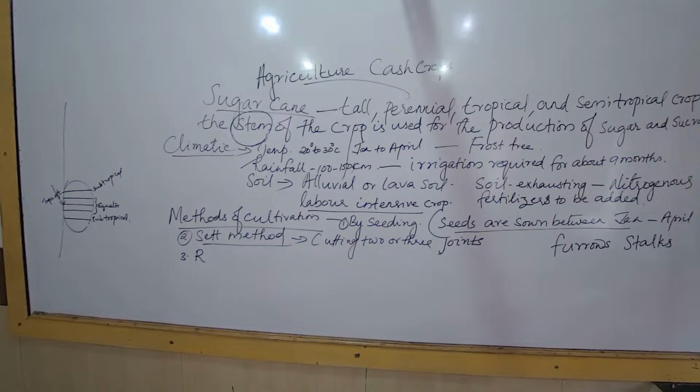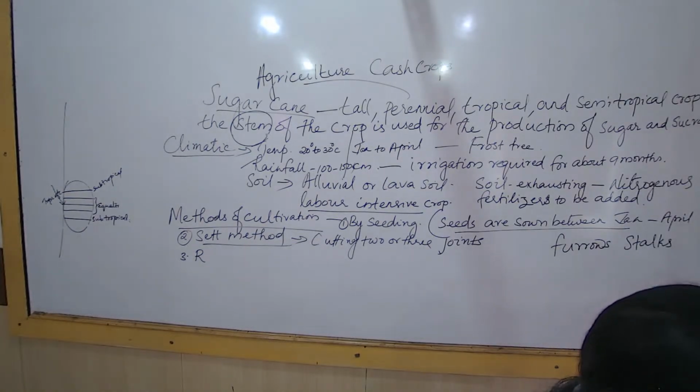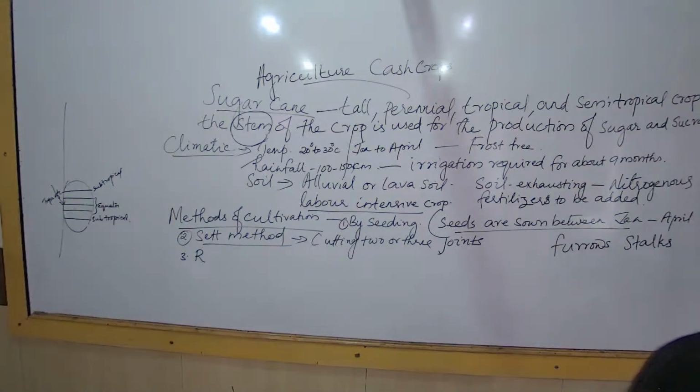Stalk means that from there the plant grows. Then afterwards the leaves started coming and it grew.